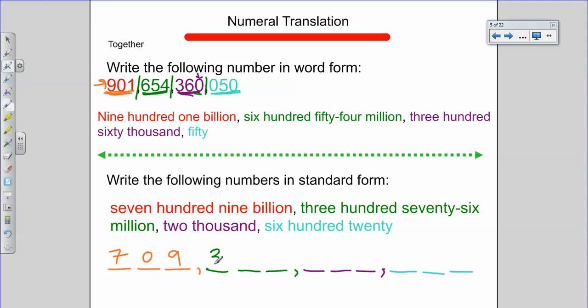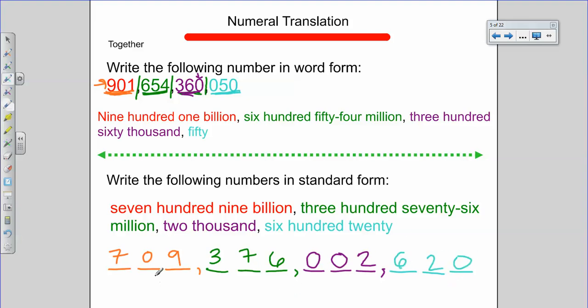So how do I write 376? 376. Now in my purple, I only have 2,000. So how would I write 2,000? Well, I don't have anything in the 100,000s, nothing in the 10,000s. It's only 2,000. So this is where remembering how valuable understanding our place values is important. And then in my turquoise, I have 620.